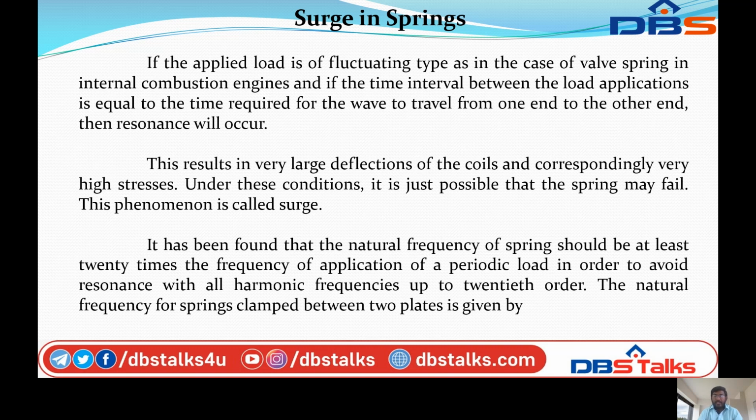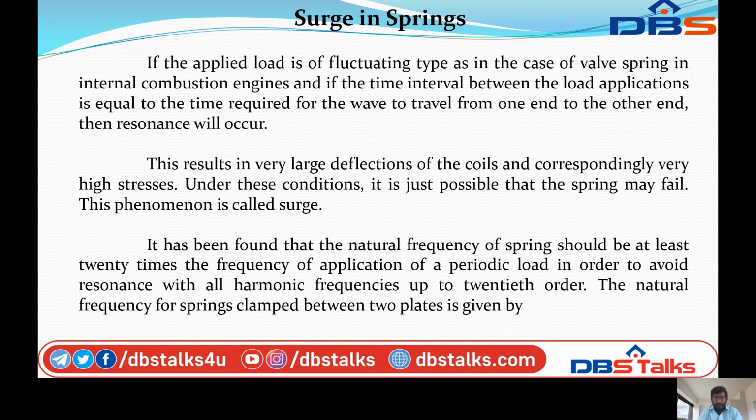It has been found that the natural frequency of the spring should be at least 20 times the frequency of application of the periodic load, in order to avoid resonance with all harmonic frequencies up to the 20th order.